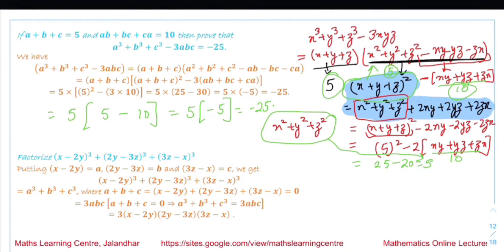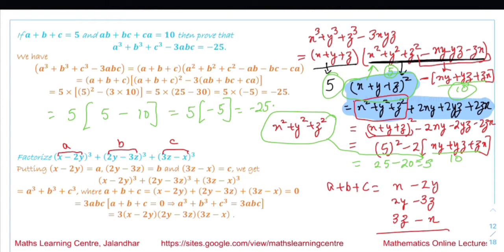But in place of this, we consider the first term as A, this term as B, and this term as C. If I calculate A plus B plus C, the answer is x minus 2y plus 2y minus 3z plus 3z minus x. So all these terms get cancelled out: x with x, 2y with 2y, 3z with 3z. So the answer we are left with is 0.